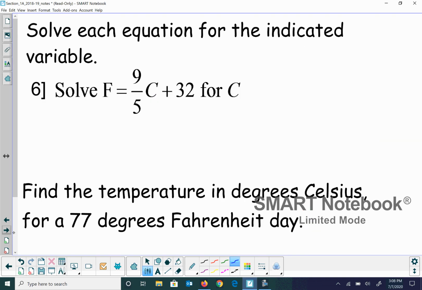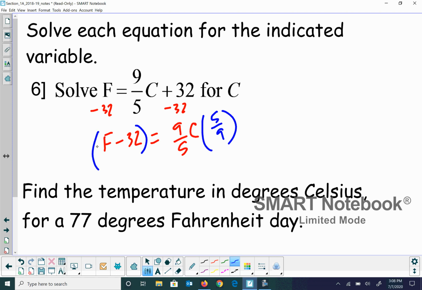Okay, this is one you would have seen in a science class, and this is basically converting to Celsius or centigrade, depending upon how your teacher wants to do it. So I want C by itself, so I'm going to subtract 32 from both sides first. So I get F minus 32 equals 9 over 5 times C. I want the C by itself, so I'm going to multiply both sides by the reciprocal.